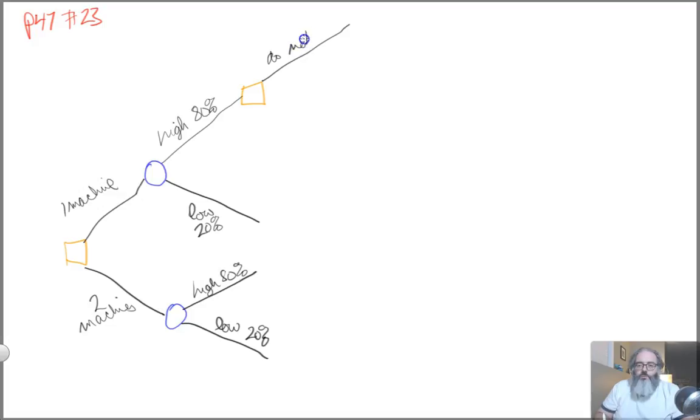Okay, so if we do nothing and we have one machine, our net present value for that is going to be $120,000. Okay. Second option is we can subcontract out. And if we do that, our net present value is going to be $160,000.